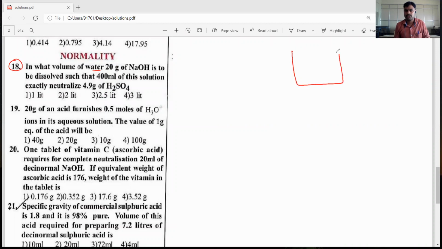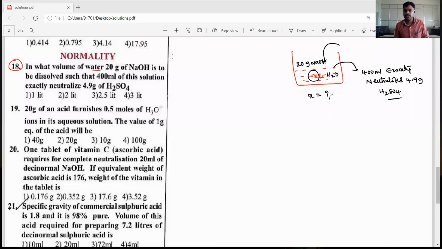For example, think that x liters of water is present, in which 20 grams of NaOH is present. 400 ml of this solution exactly neutralizes 4.9 grams of H2SO4. So we have to find the X value.